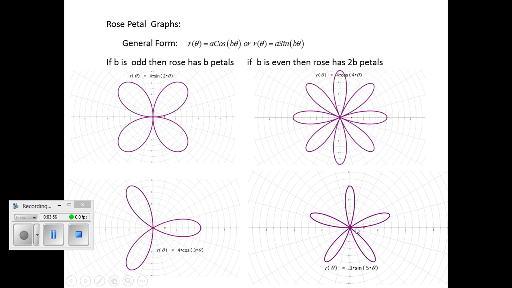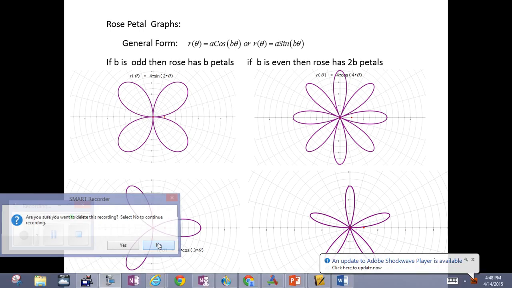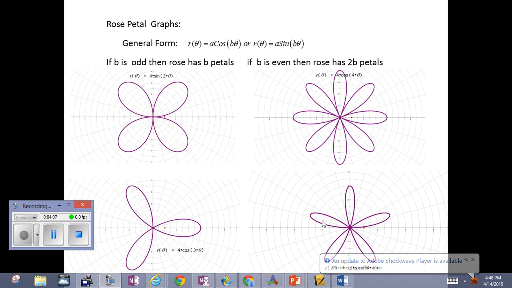This being a sine of 5 theta is going to have, again, an odd b value, so n odd is going to have that many petals. And it being the sine, it's going to have the symmetry about the pi over 2 line.